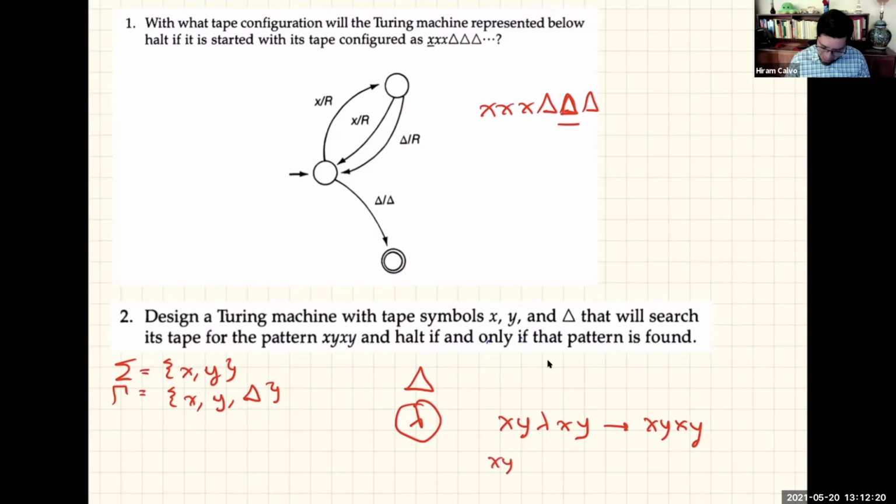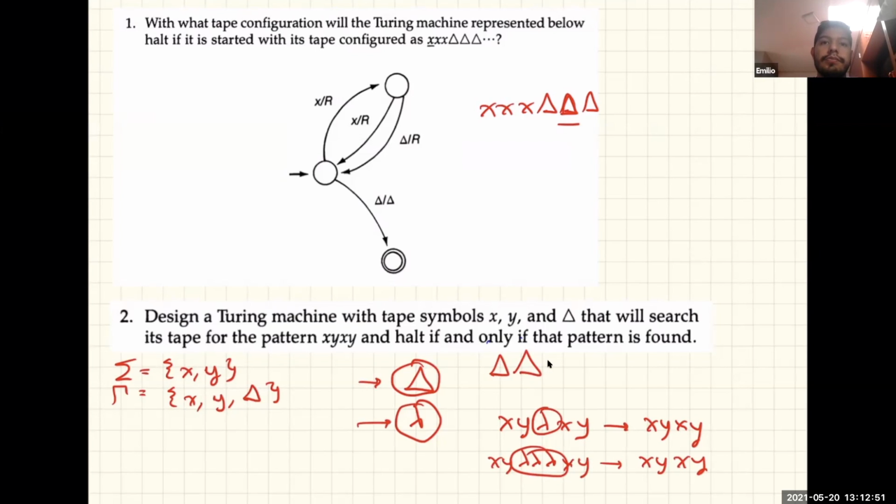You can have as many empty strings as you want, and it will always reduce to this, because the empty string can be removed if you want. The blank symbol you can never remove, because one space is one space. If it says two spaces, it means two spaces, specifically two blank symbols. That's why this symbol is different from this one. Okay, thanks. Welcome, good question.